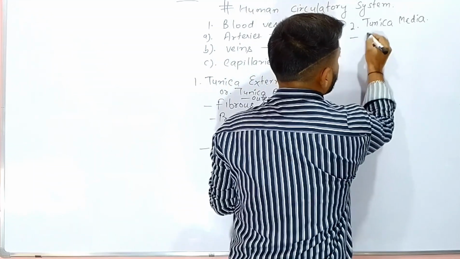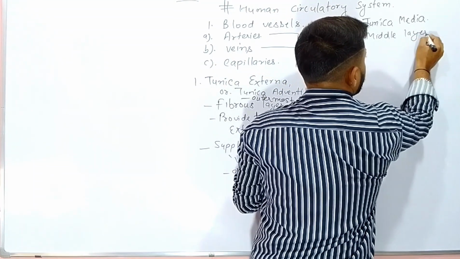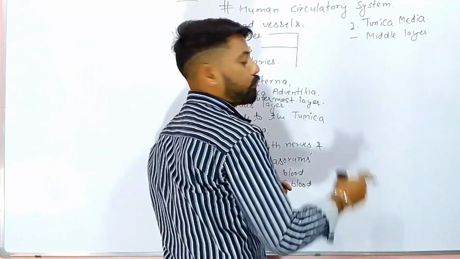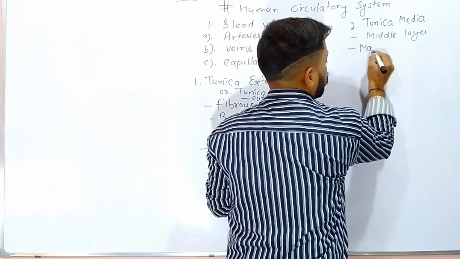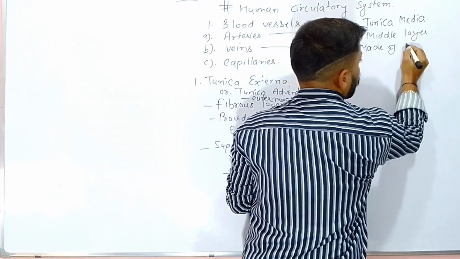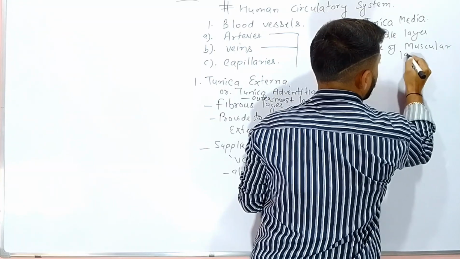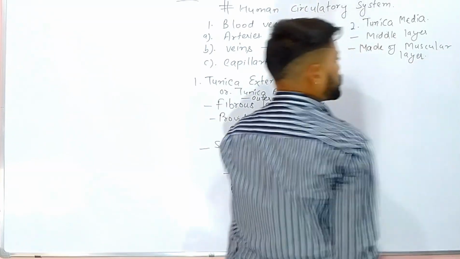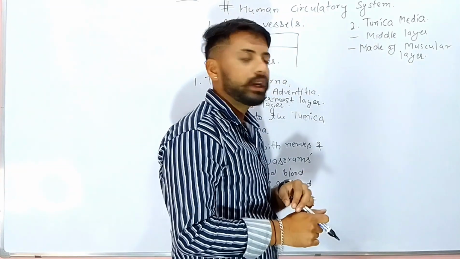This layer is made up of muscular tissue. Basically there are smooth muscle fibers present in the tunica media.